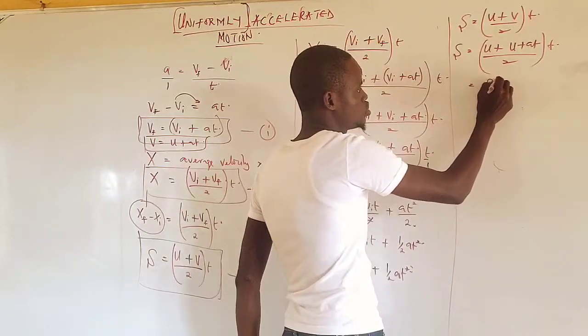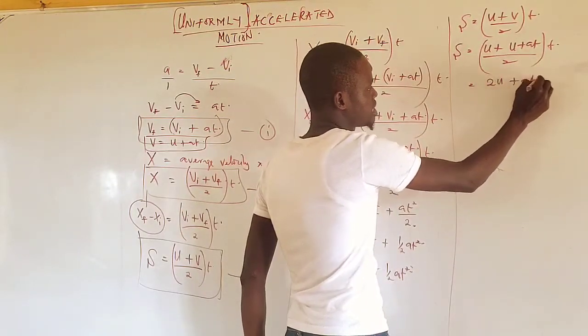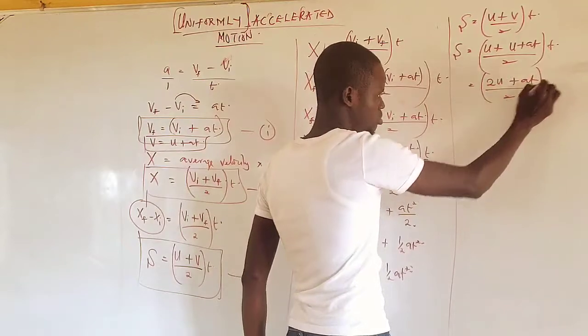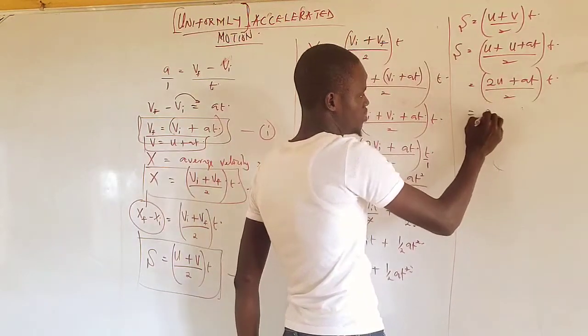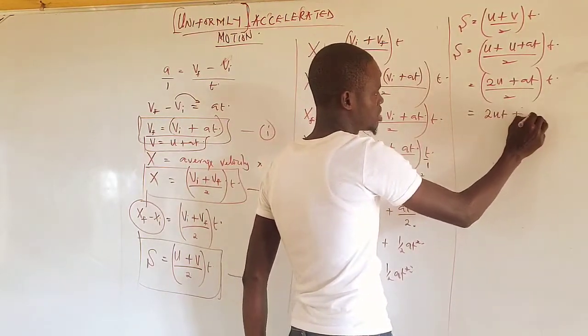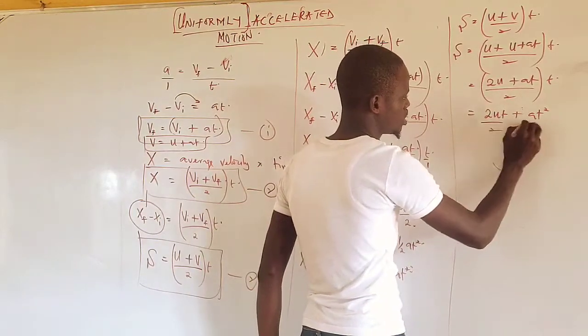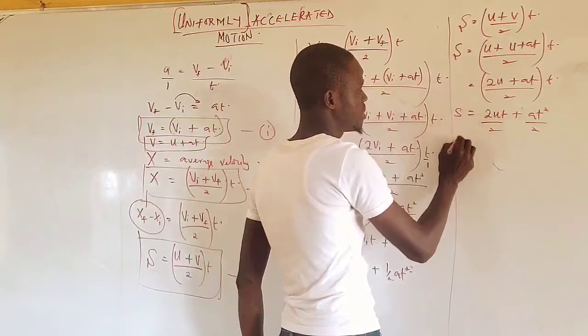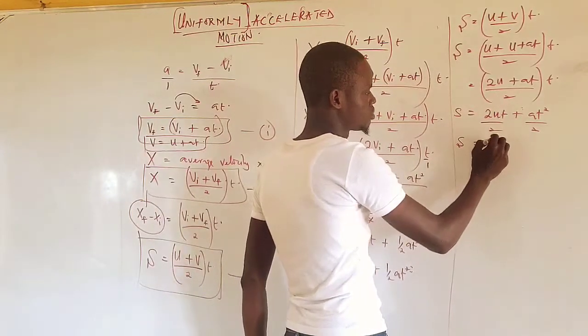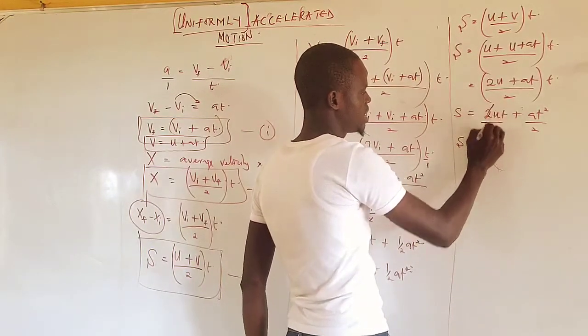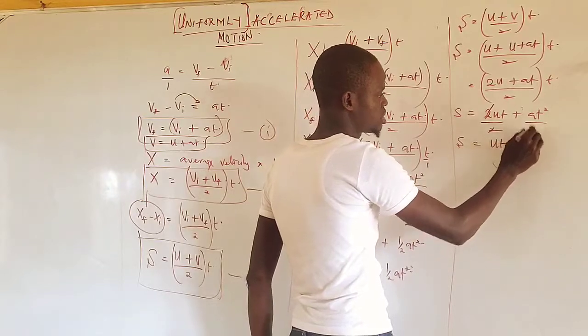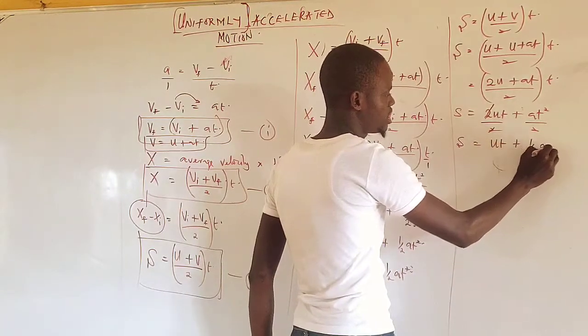Then I'll be having 2u plus at over 2, everything multiplied by time, where I'll be having 2ut plus at squared over 2. Then my s will be equal to ut plus half at squared.